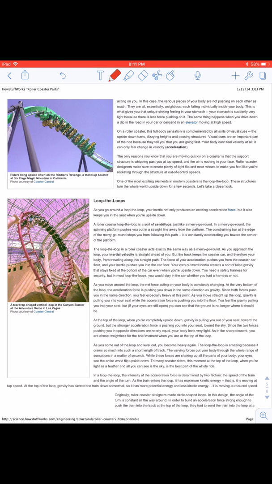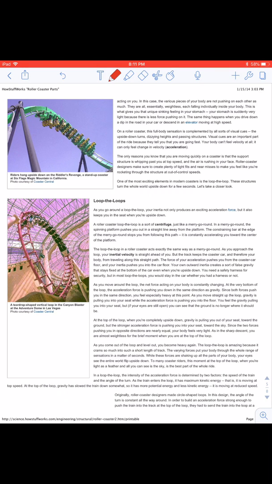They are all essentially weightless, each falling individually inside your body. This is what gives you that unique sinking feeling in your stomach. Your stomach is suddenly very light because there is less force pushing on it. The same thing happens when you drive down a dip in the road in your car or descend in an elevator moving at a high speed.